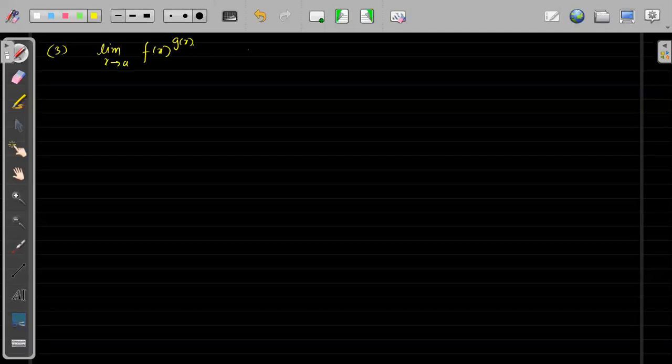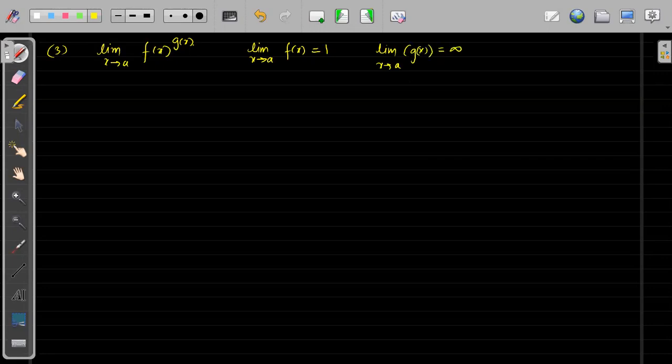Now here, the limit as x tends to a of f of x is tending to 1, and the limit as x tends to a of g of x is tending to infinity, right?